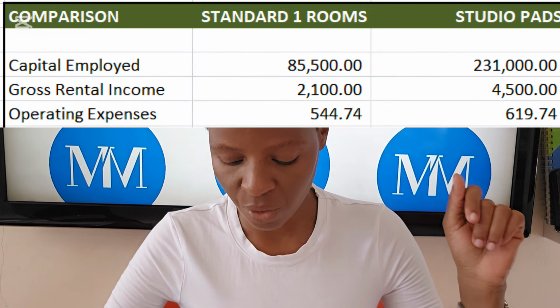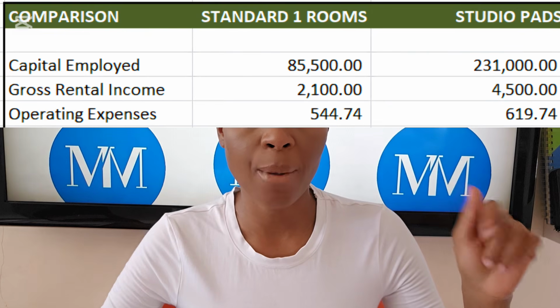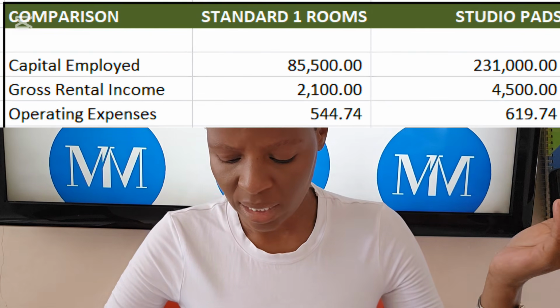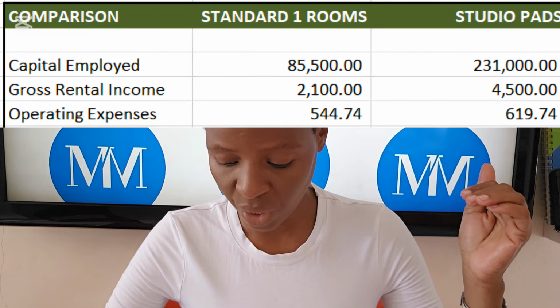Now we're going to look at the operating expenses. Let's look at the block of standard one rooms. What are our operating expenses there? We are looking at a total of 544 pula, 74 thebe. Somebody might be asking, what is this made up of? Let me give you that breakdown.